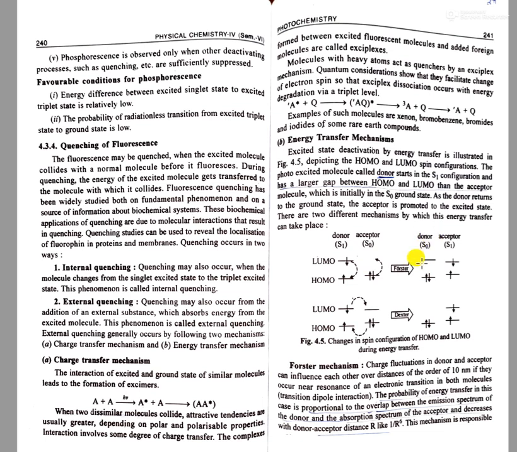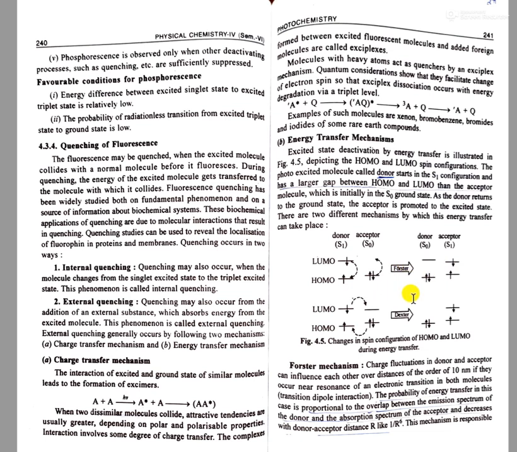Here the donor will finally get converted to this paired spin state, whereas the acceptor absorbs this energy. That is a kind of resonance transfer of energy between the donor and the acceptor. As a result, a single electron will get excited from the ground state of the acceptor to the excited state. So this is a kind of transition dipole interaction, and this is the Foster mechanism.